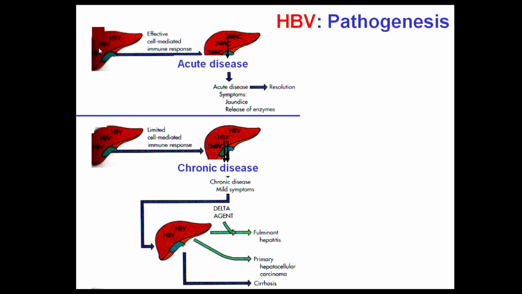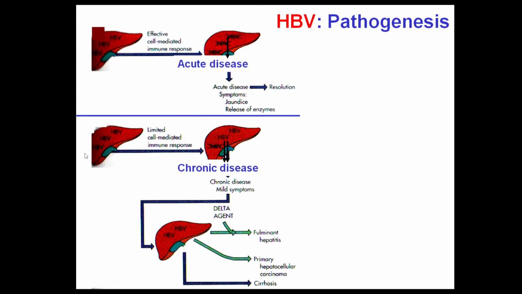If the infection is multiple and an effective cell-mediated immune response is developed, it causes liver damage and damage to the virus-infected cells, and the symptoms will be quite severe with jaundice and release of liver enzymes into the bloodstream, but most probably we have resolution of the infection.